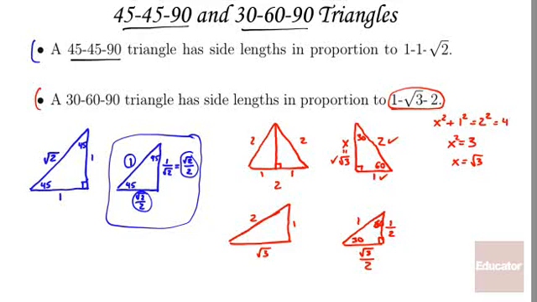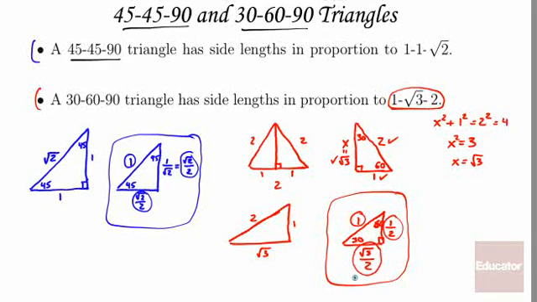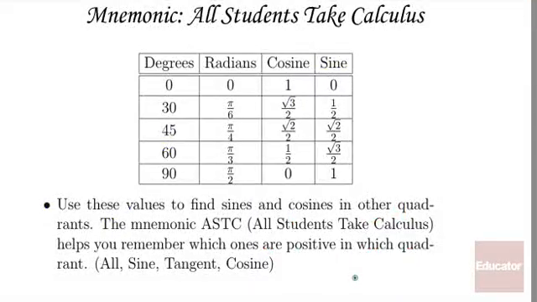The 30-60-90 triangle has sides of length 1, 1/2, and root 3 over 2. So those are the values that you need to remember. If you can remember those, you can work out all the sines and cosines you need to know for every trigonometry class ever. So let's explore those a little bit.